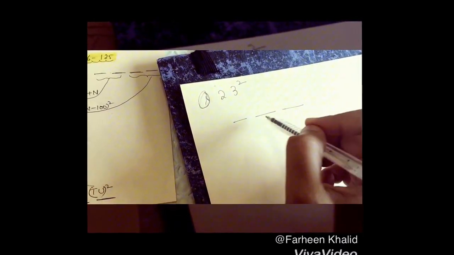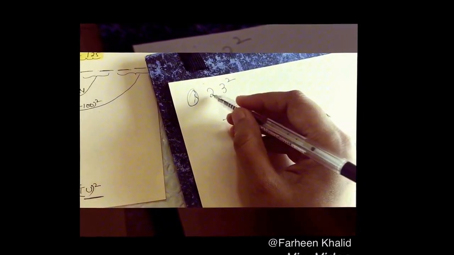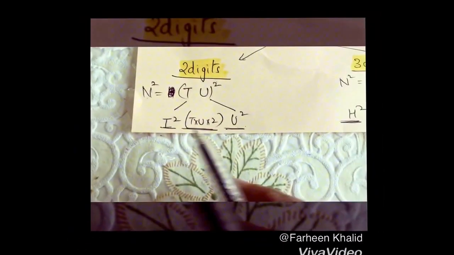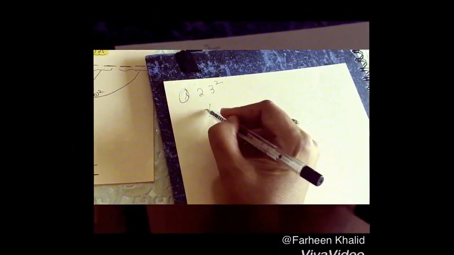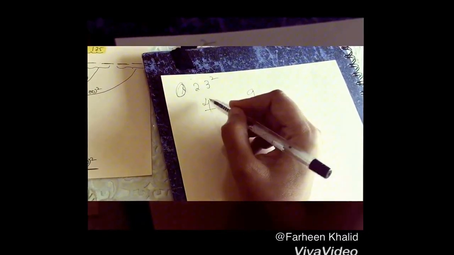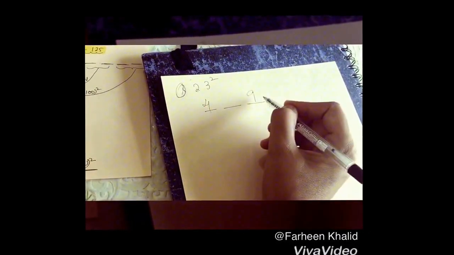So let's put 3 digits here. Now what is the first part? It says t square, and then you do u square. So t, which is the tens digit, is 2. 2 square is 4, and 3 square is 9. So we found out the first and the last digit.